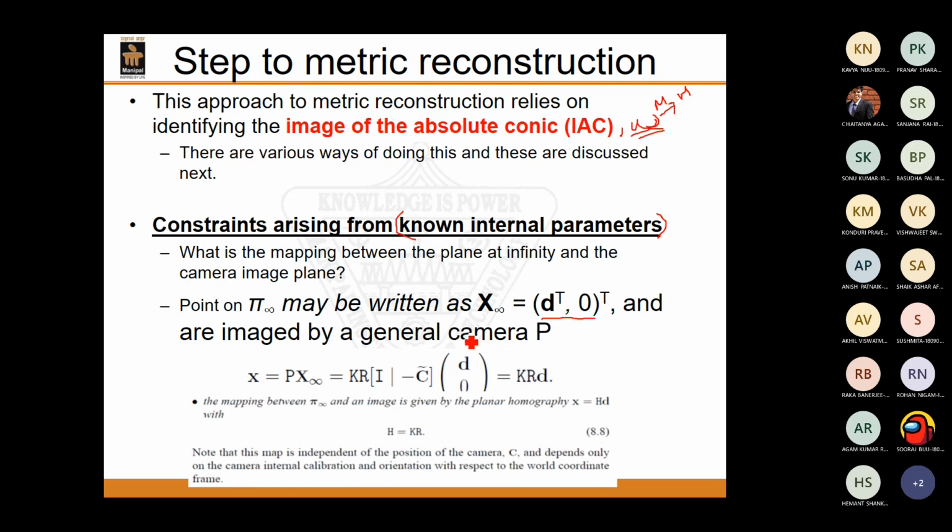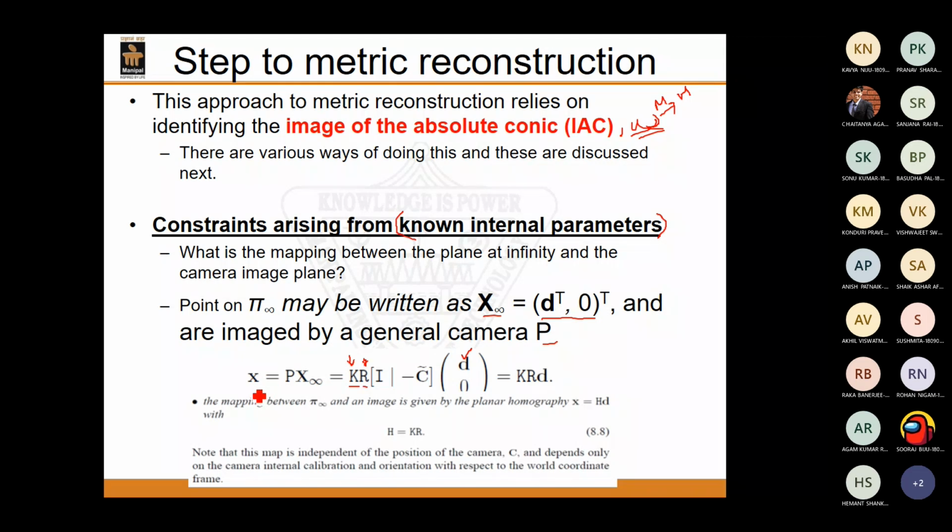Here the general camera is given by capital P, which I can represent as K R. K is the internal parameter that I'm having, and R is basically the rotation parameter, okay? Here I have decomposed it as [I | C], where C is inclusive of the translation parameter and so on, applied to (d, 0), where d is basically my X infinity, or the point at infinity, okay?